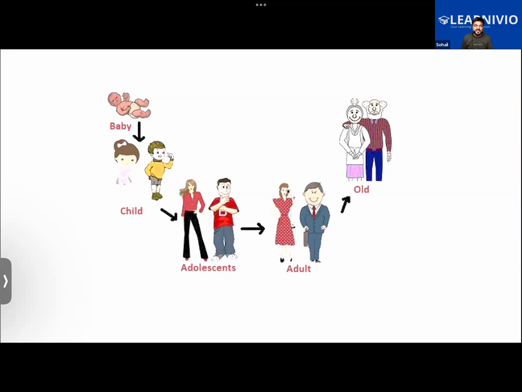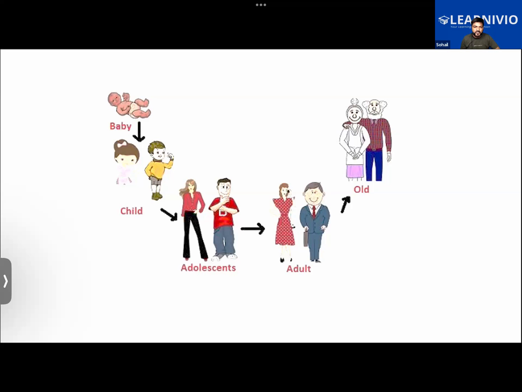During this period, what happens? The body undergoes several changes and it leads to reproductive maturity. The person becomes mature to reproduce. Getting it now?